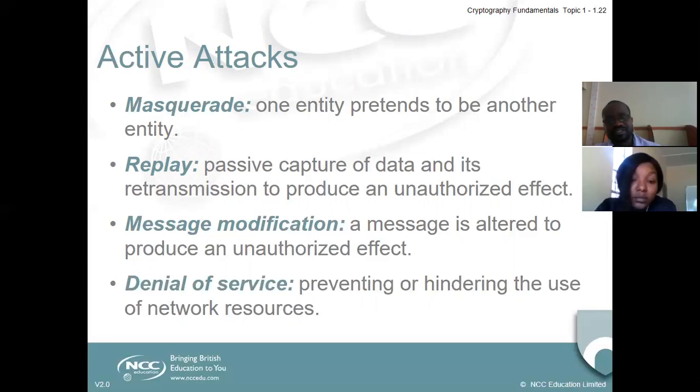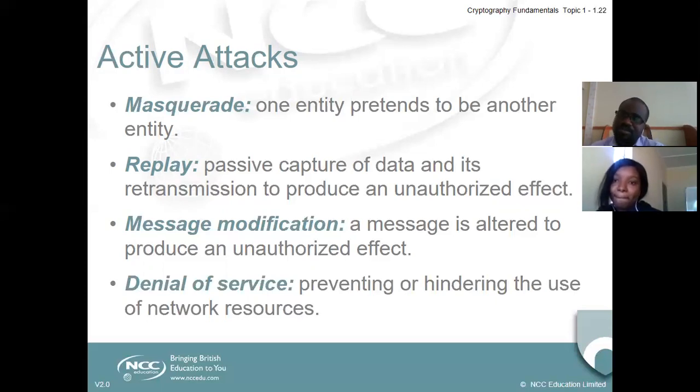Then denial of service. We call it a DoS, denial of service attack. This is where the hacker denies legitimate users entry to the system.